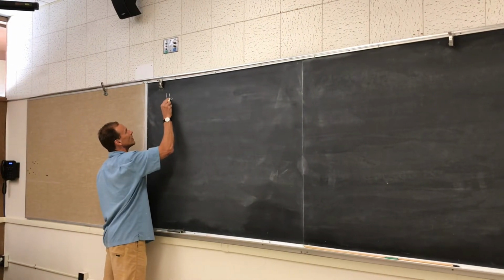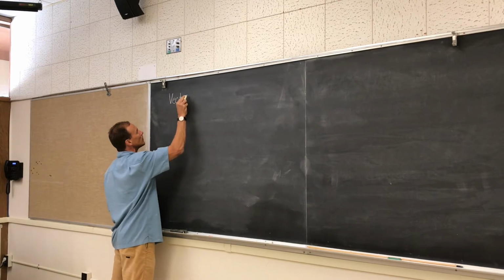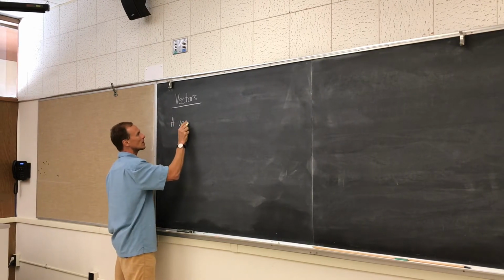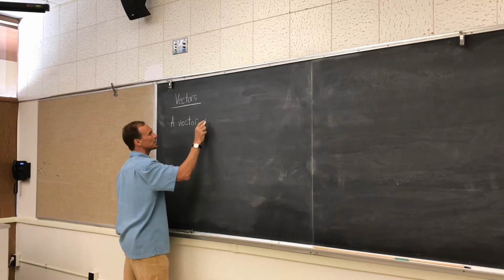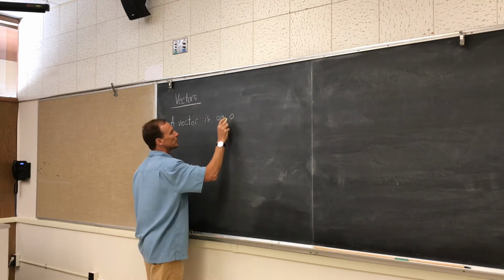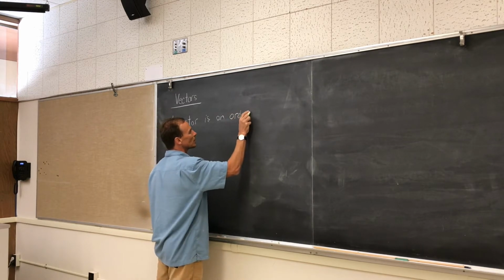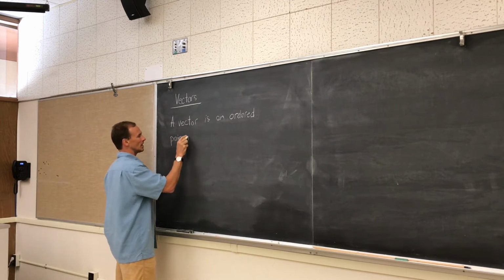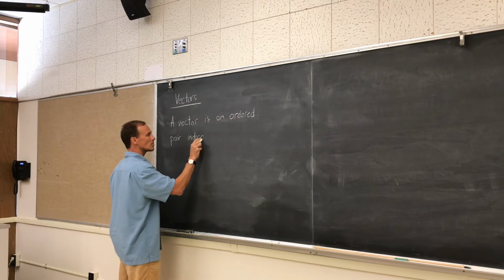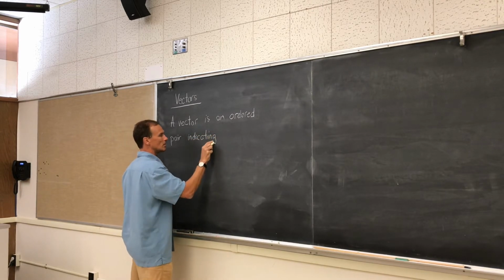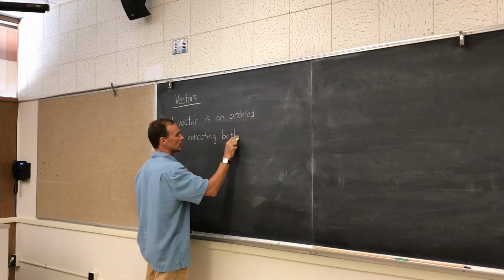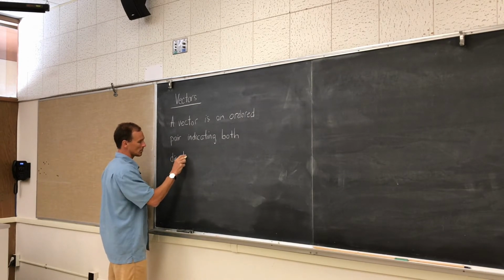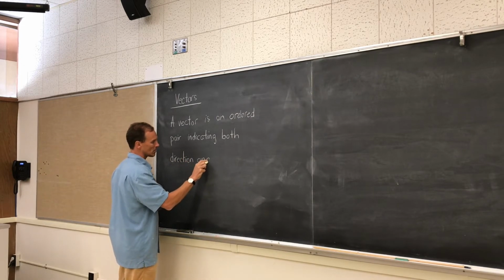Vectors. Here we go. A vector is an ordered pair indicating both direction and length.